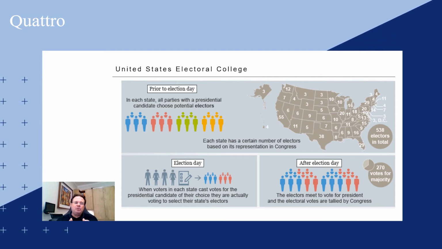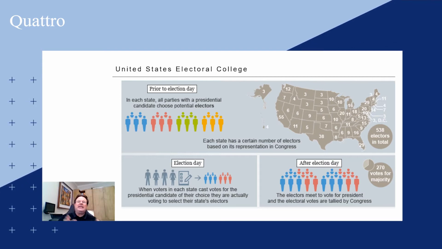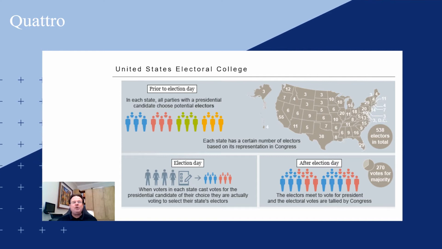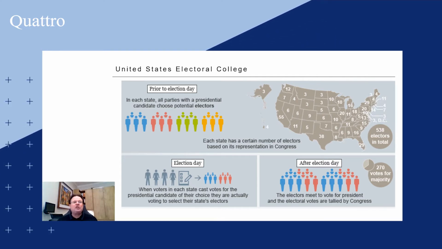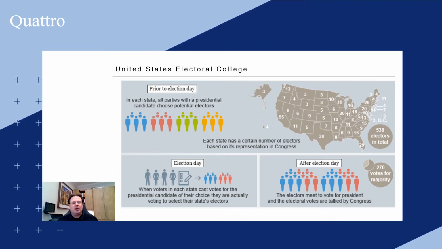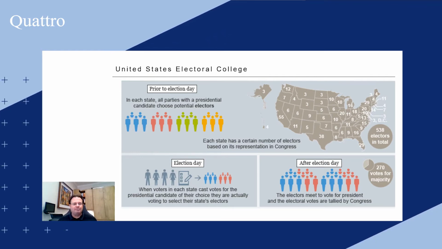And what they want to do is get as many of those electors, many of those people, into the Electoral College as possible. And how do you get your people into the Electoral College? Well, you've got to win each state. So if you win the vote in California, you get 55 seats in the Electoral College.